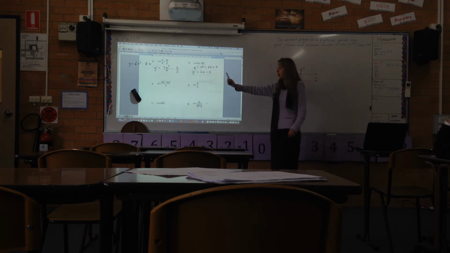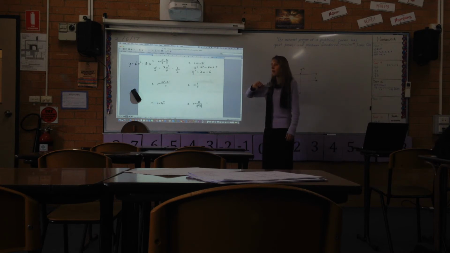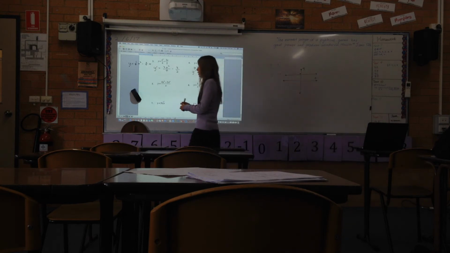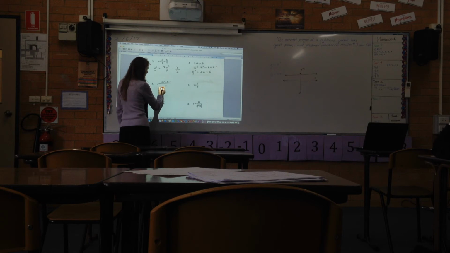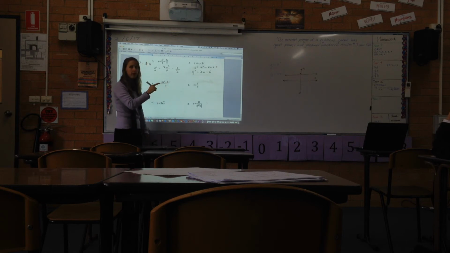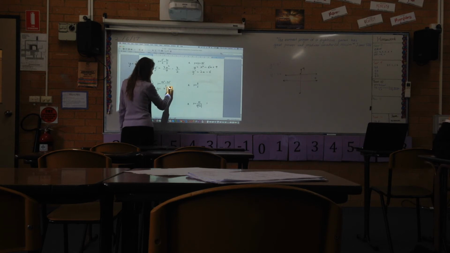Okay, this next one. I know it looks like it is beyond what we can do, but let me show you. I could cancel an x out of each of these terms. So y equals, I brought an x out, 4x squared minus 2x.